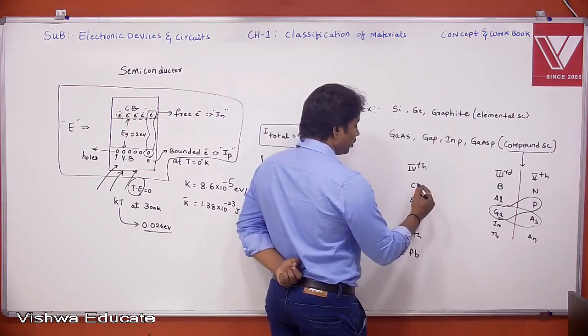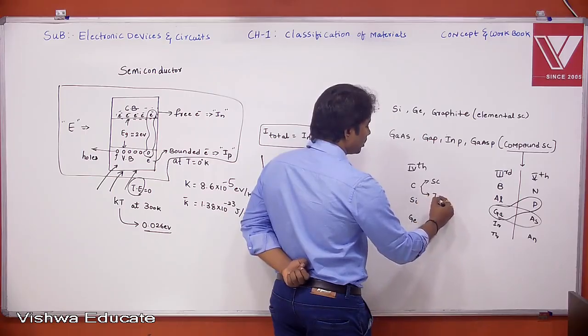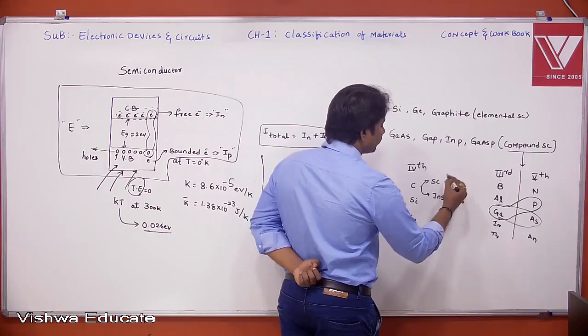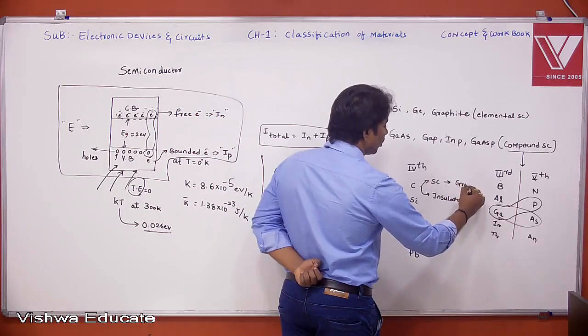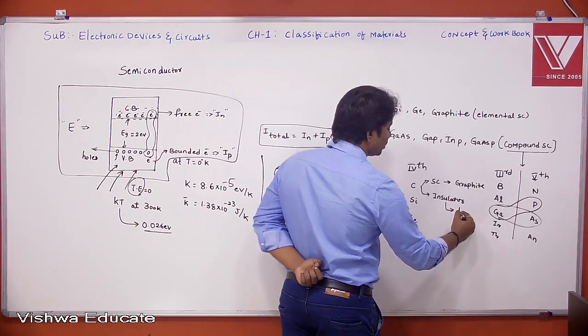Right? You know, carbon can act as both a semiconductor as well as an insulator. The example for the semiconductor is graphite, and the example for the insulator is diamond.